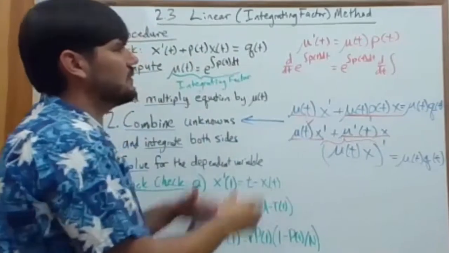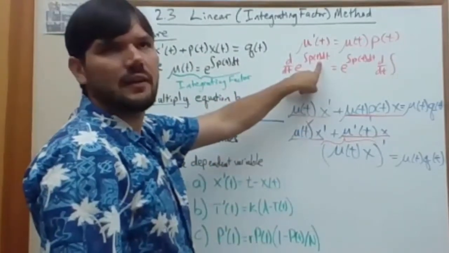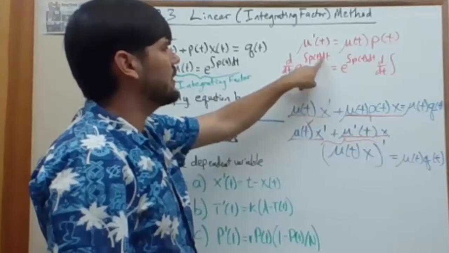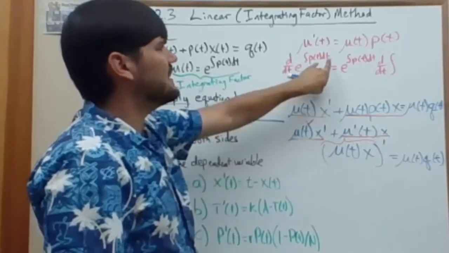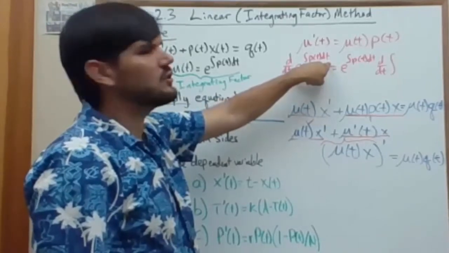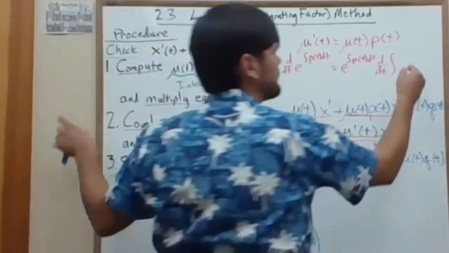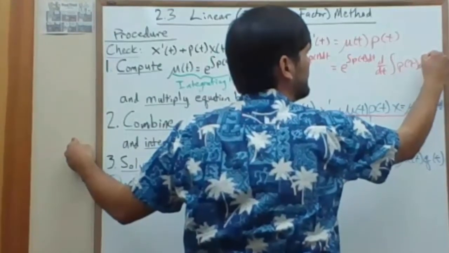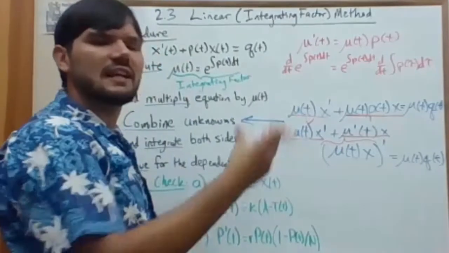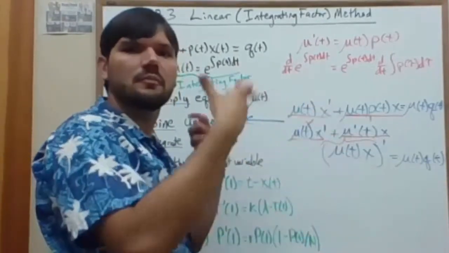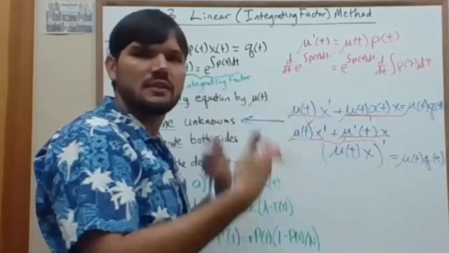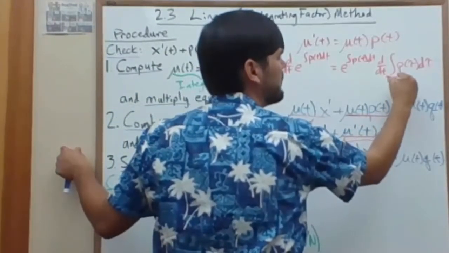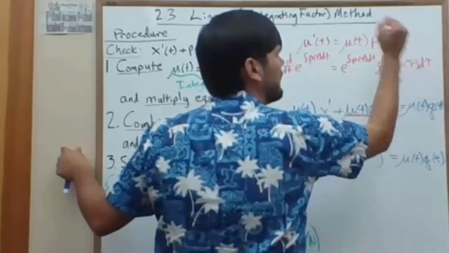Now, when we write the integral here, we have the integral in terms of t, and we're going to differentiate in terms of t, but this t is really just a dummy variable up here. So I'm going to write it in terms of another letter. P of tau d tau, because that integration variable will disappear. It's a dummy variable that we replace with t. How do we do that? Well, as a definite integral, we'd write it as tau from 0 up to t.